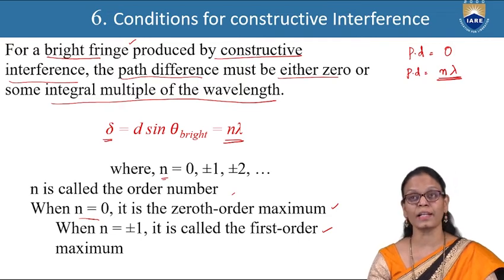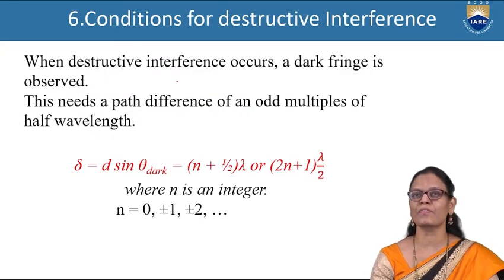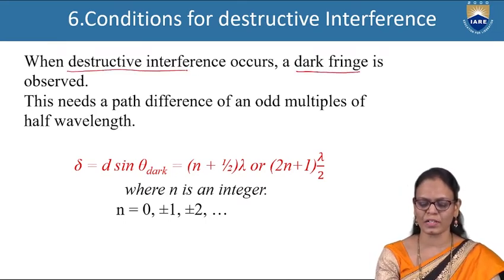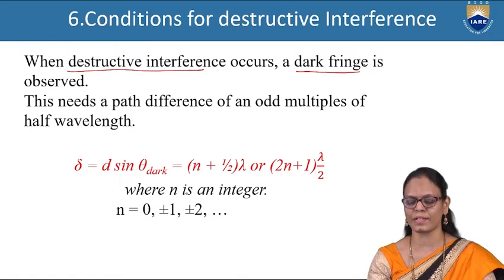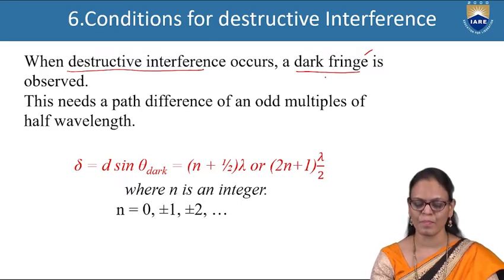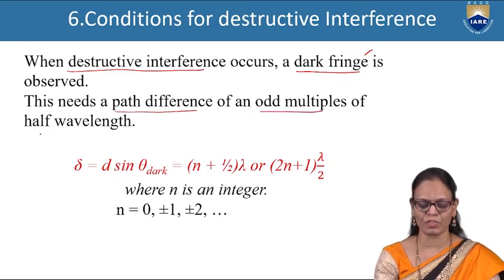Now let us see the conditions for destructive interference. When destructive interference occurs, a dark fringe is observed. So destructive interference always gives rise to a dark fringe. What is the condition for the dark fringe or for the destructive interference? The path difference is an odd multiple of half the wavelength.